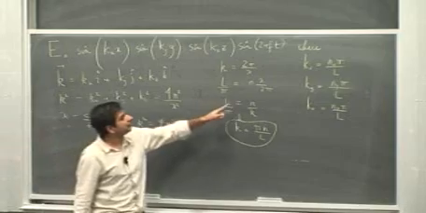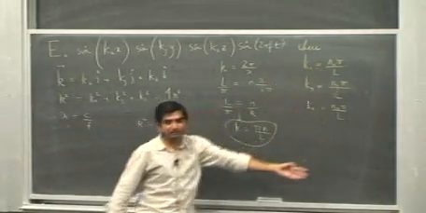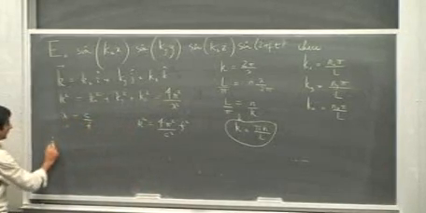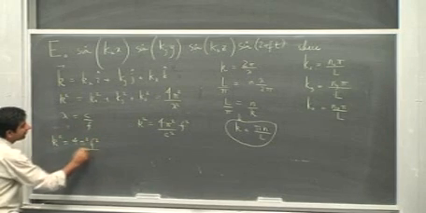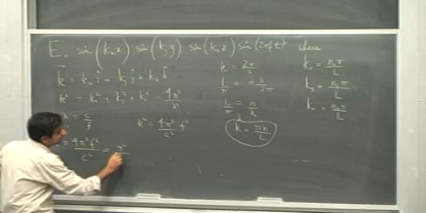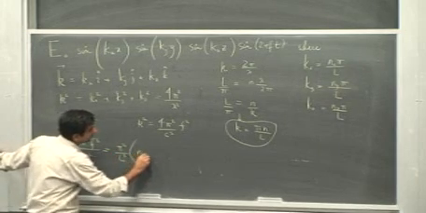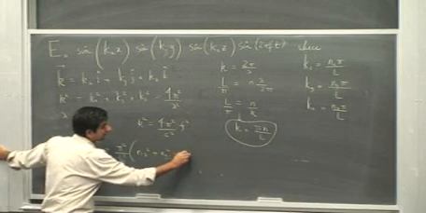But we also know that k squared must be given by the square of these terms. So k squared is 4 pi squared f squared over c squared, which is given in fact by pi squared over L squared times nx squared plus ny squared plus nz squared.